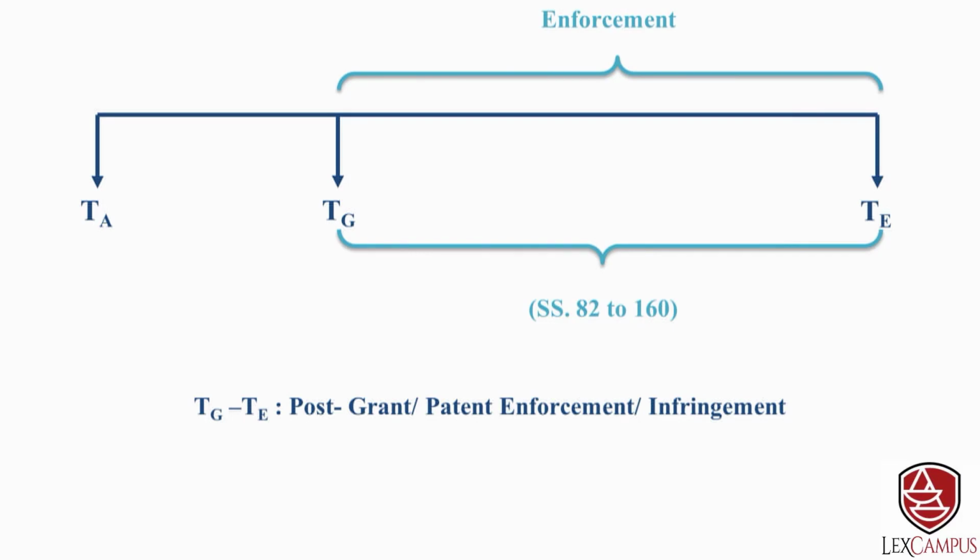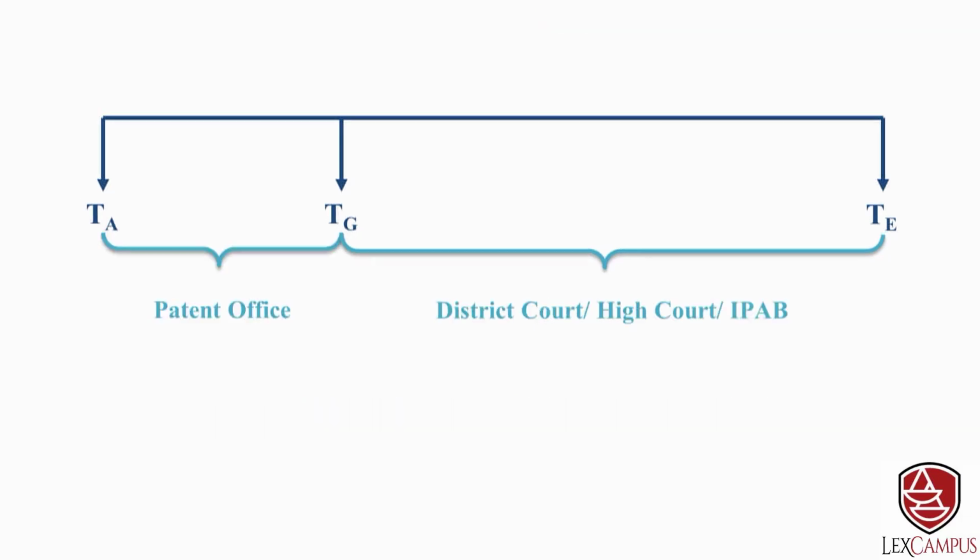One exception is what I mentioned, post grant opposition, which happens soon after the grant. So, that is why I qualified my statement earlier saying that the timeline between TA and TG should be understood as events that happen at the time of grant and soon after the grant. So, to recap, TA to TG are events that happen within the patent office, and when we say TG, we are also referring to things that happen soon after the grant too.